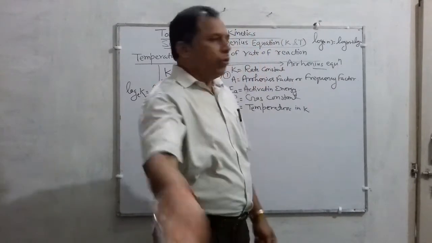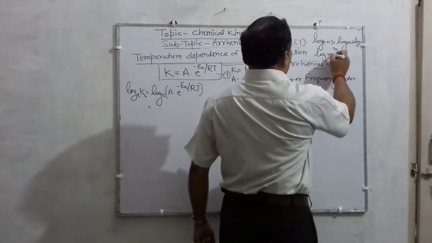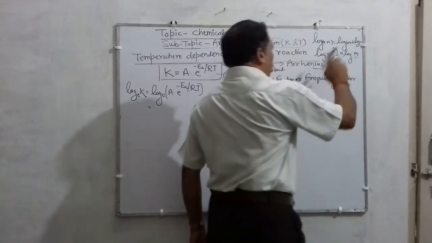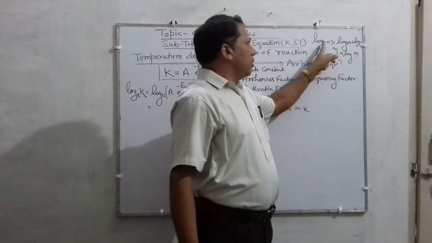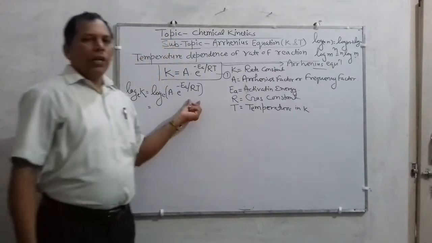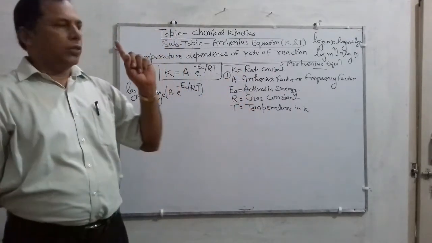Similarly, we will use one more formula, log of m to the power n, which is n log m. By using these two formulas, we will be in a position to derive the logarithm form of the Arrhenius equation.